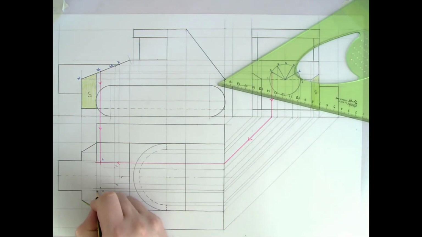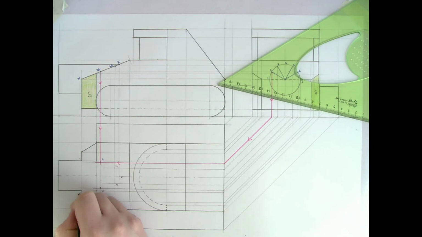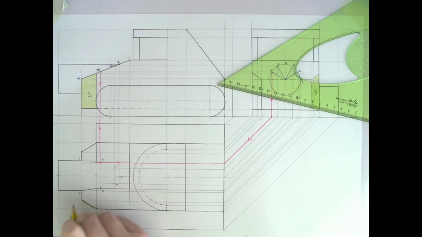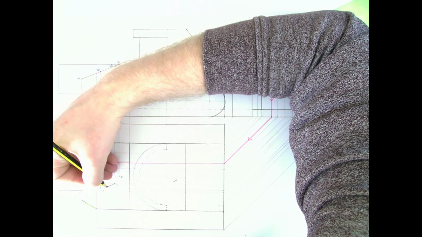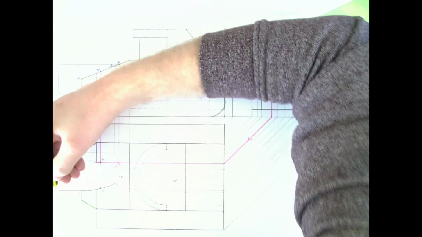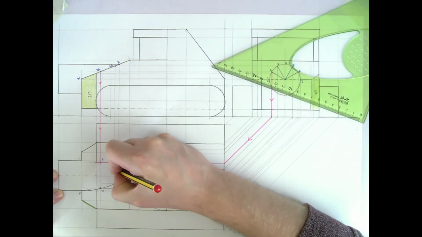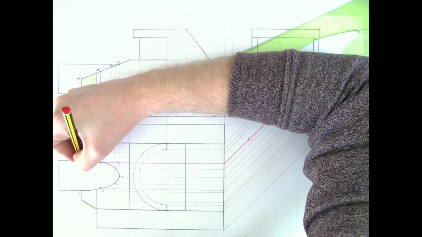So now joining up each of these points, so this is 1 and 7 here also. So joining all of these, 7 to 6, joining each of them, 3 to 2, down here to 1.